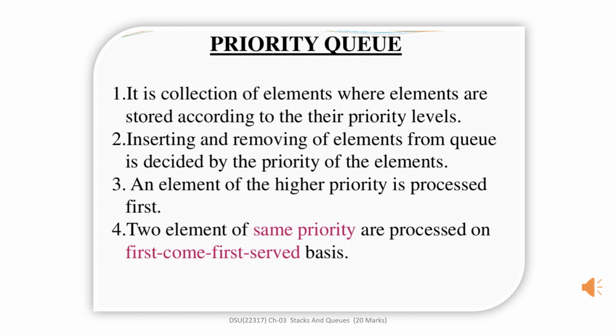Inserting and removing of the element from the queue is decided by the priority of the element. An element of higher priority is processed first. Two elements of the same priority are processed on a first come first serve basis.